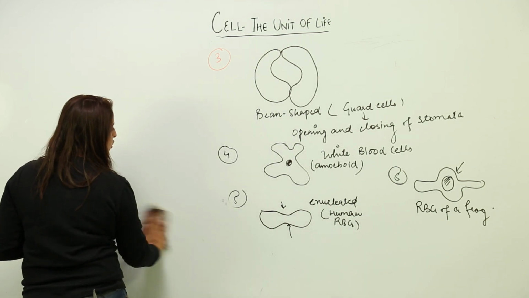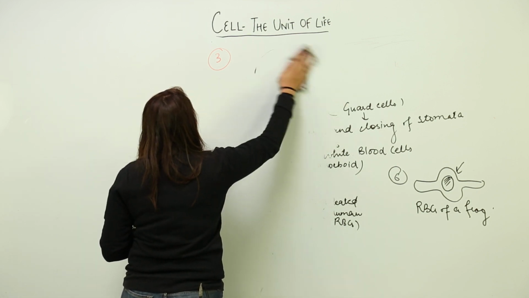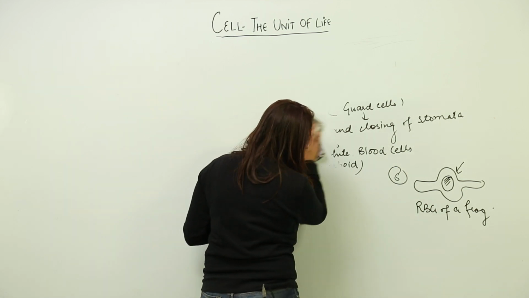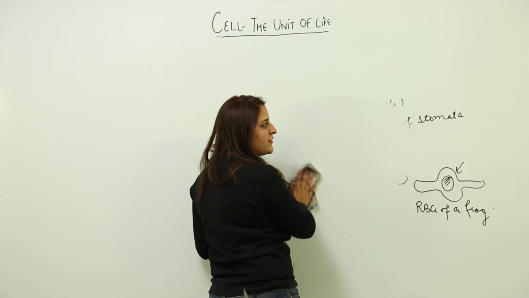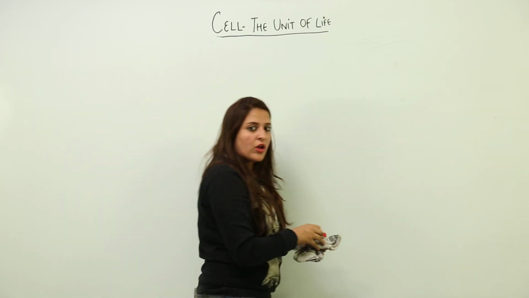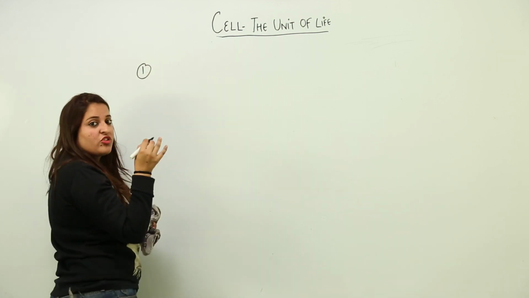So now let us move on to various sizes in which a cell can exist. Larger cells and small cells both exist, and they vary from one organ to another. In large organs, the cell's size may be large, and in small organs, the cell's size may be small. So let me tell you the smallest size of a cell which can exist.